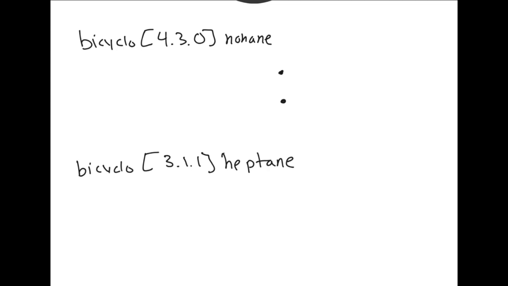So I just get to connect the dots, right? The 3 tells me I have to put three carbons between my two shared carbons in another direction. So I can go 1, 2, 3. The 4 tells me I have to put four carbons between the two dots. 1, 2, 3, 4. And there's my structure. Right?